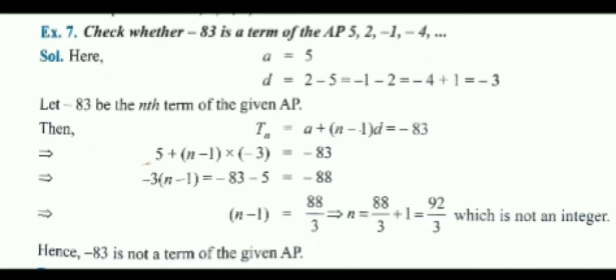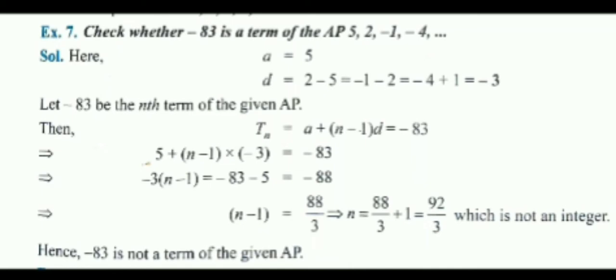So Tn is given as minus 83, and a plus n minus 1 into d. In place of Tn, write minus 83. And a is given as 5 and d is given as minus 3. So 5 plus n minus 1 into minus 3 equal to minus 83.